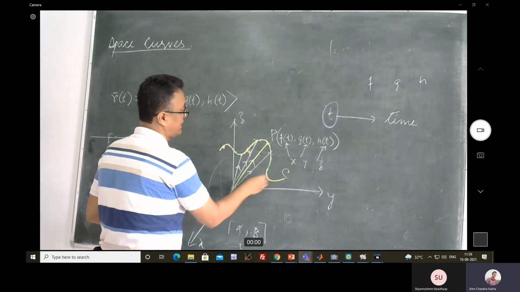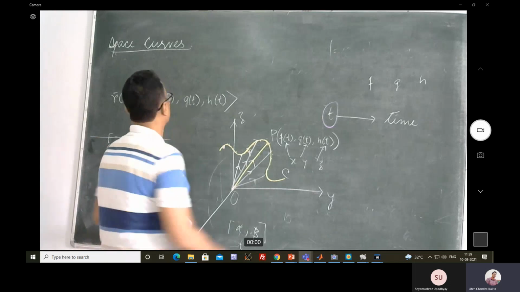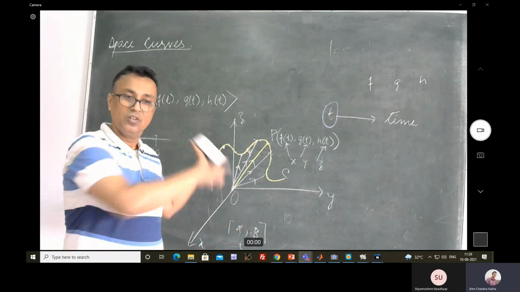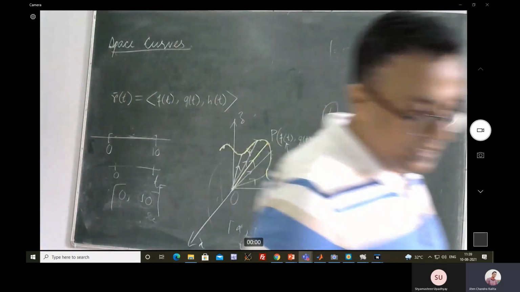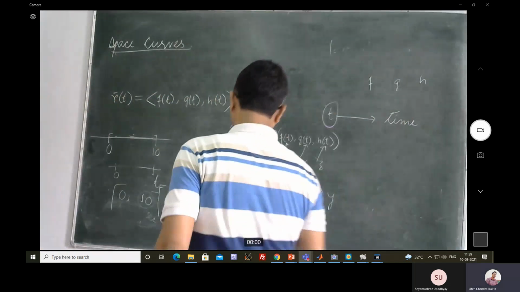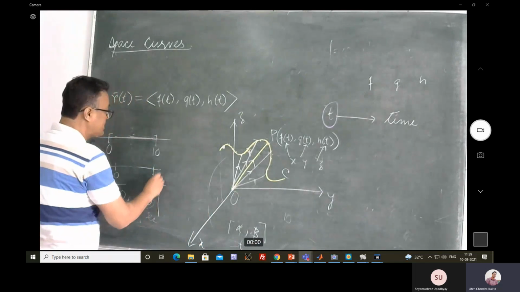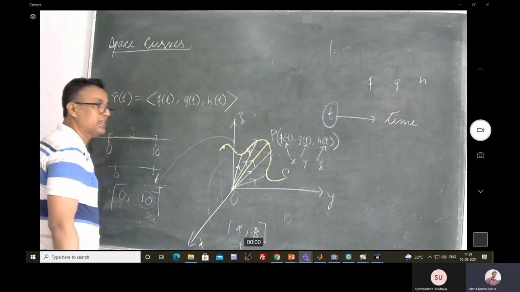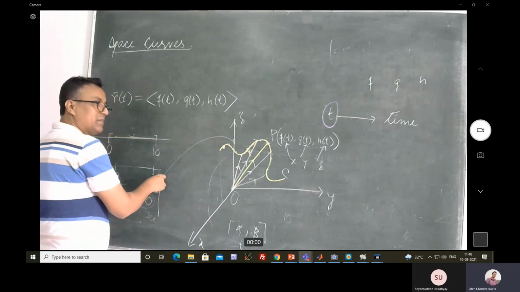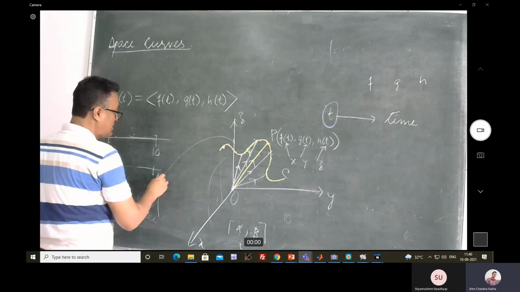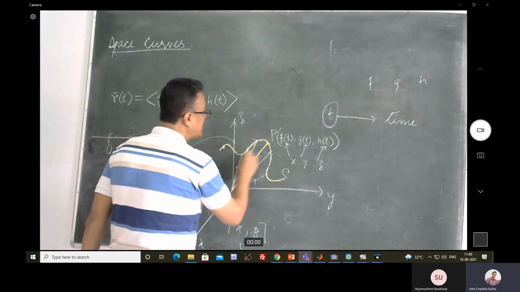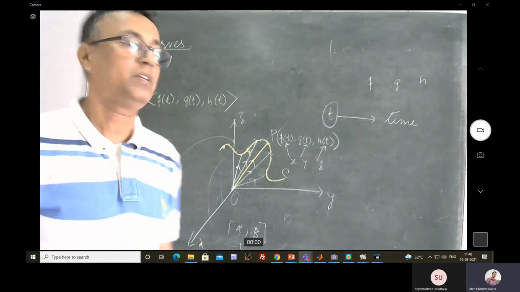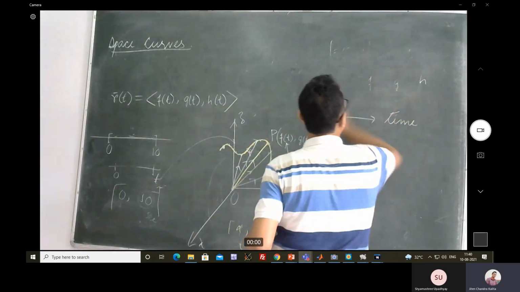Like this. That is the way space curves are constructed. Since by varying t you are trying to extract the curve C, and t is a parameter, this curve is also called a parametric curve.